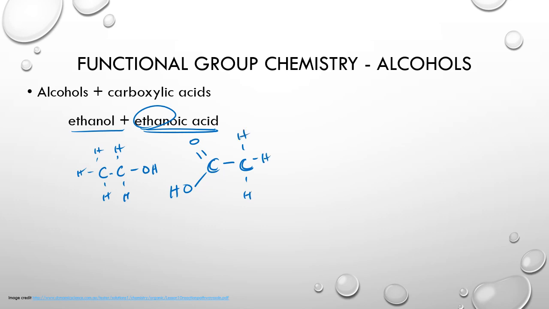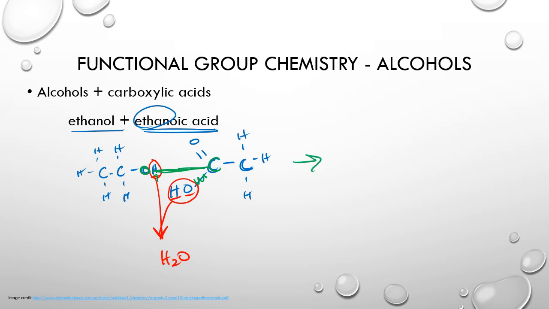So once again, I'm going to steal the OH from the carboxylic acid. I'm going to steal an H from the alcohol. These guys are going to form water, 2 H's and an O. We're going to make some water. What's going to happen? The oxygen here is going to bind to the carbon here. They're going to find each other since they're missing those bonds that they used to have.